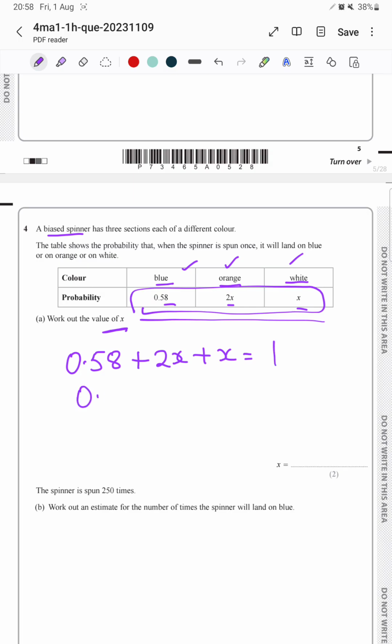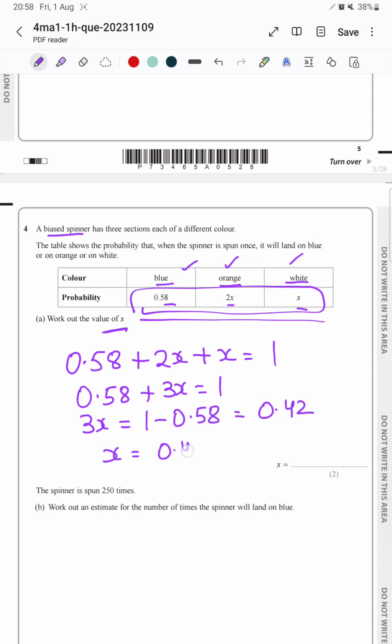So 0.58 plus 3x is equal to 1. 3x is equal to 1 minus 0.58, which is equal to 0.42. So x is equal to 0.42 divided by 3, which is 0.14. So x is 0.14.